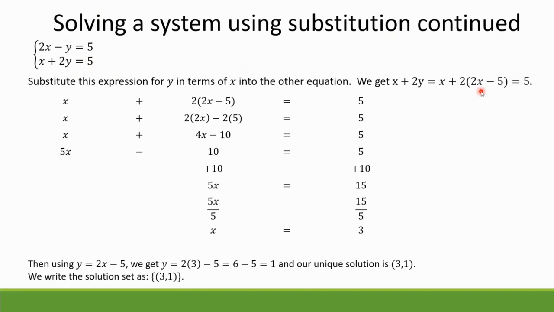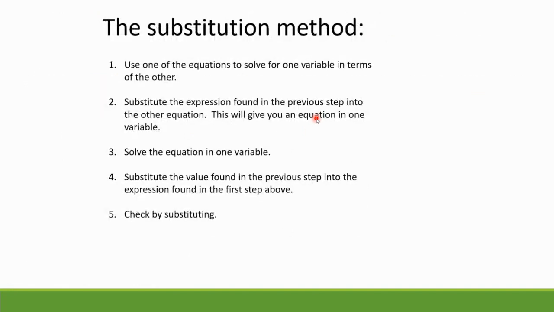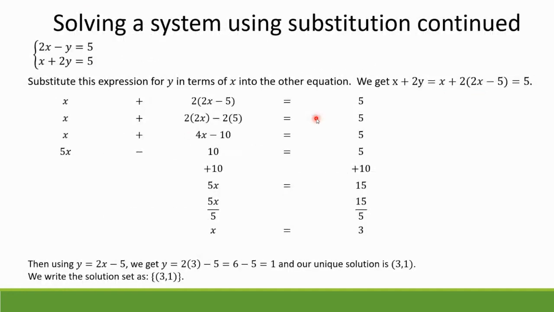Doing so, what happened? Well, we killed off one of the variables. Essentially, we get an equation in only x that we were able to deal with. You solve that equation, that's what we did. We solved that, we got x equals 3.